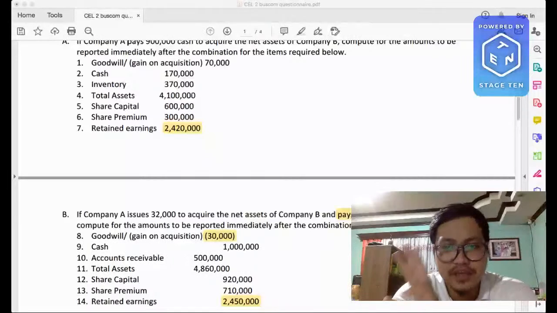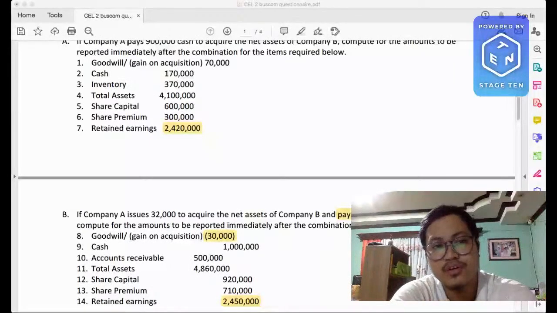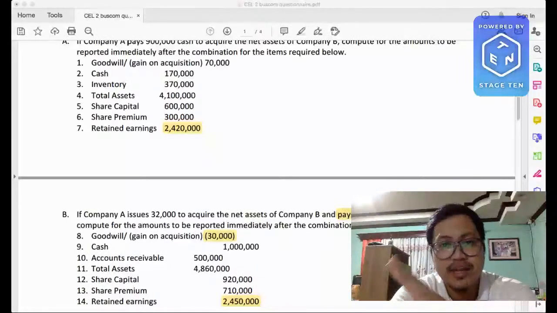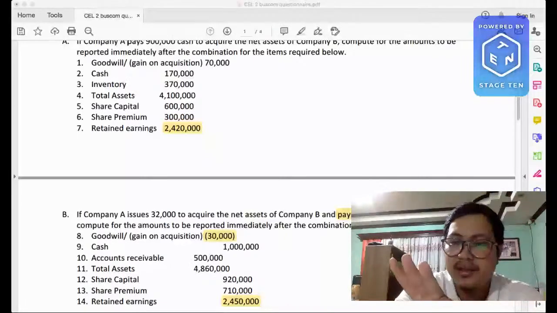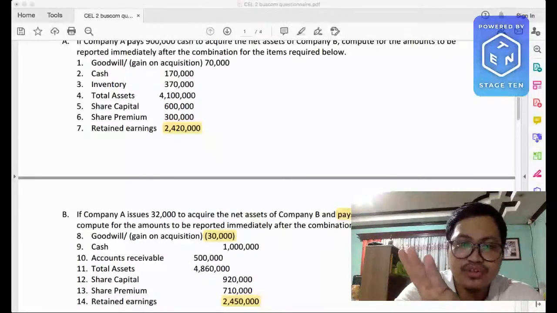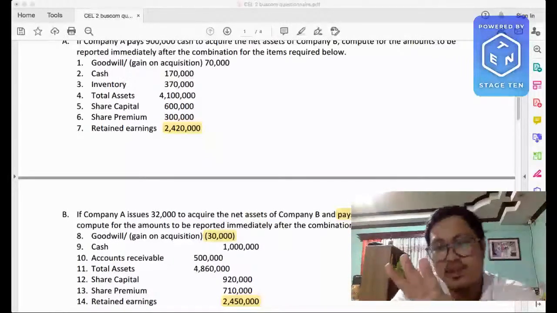So normally, even though there are three things for you to remember, class, cash consideration, cash payments for acquisition-related cost, and cash payments for stock issuance cost, these three will not coexist all at the same time. Why? Because cash consideration precludes stock issuance cost. Okay, when does stock issuance cost exist, class?